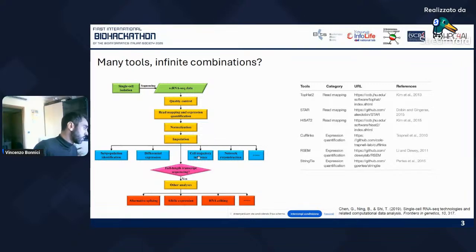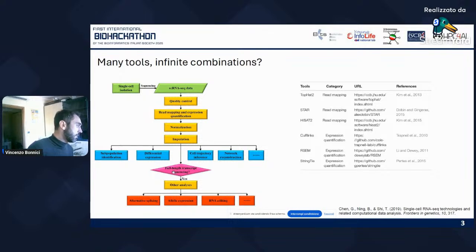Then you may also want to recognize the genetic and morphological trajectory of the cells in your experiments, and you want to infer it because it's always inferred. Then you may also want to reconstruct the biological network that is in your experiment, and so on and so forth.